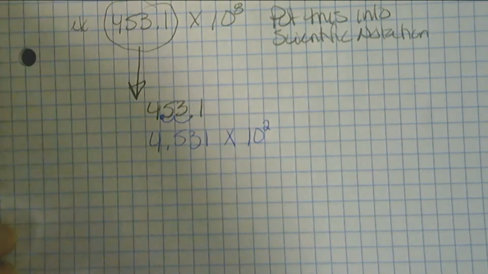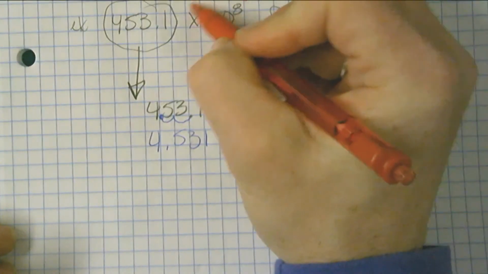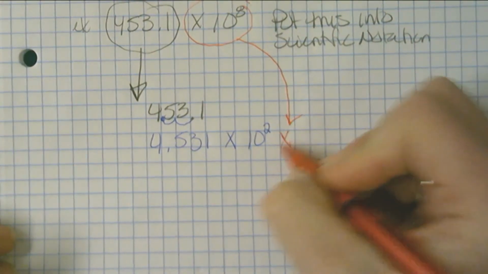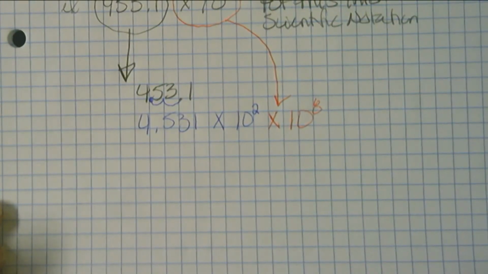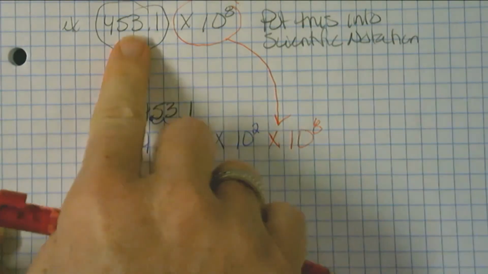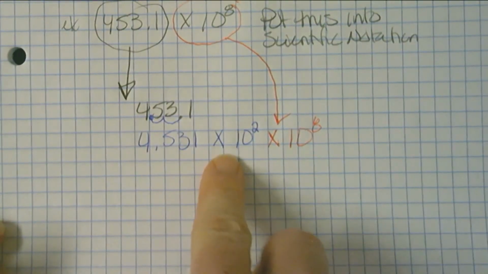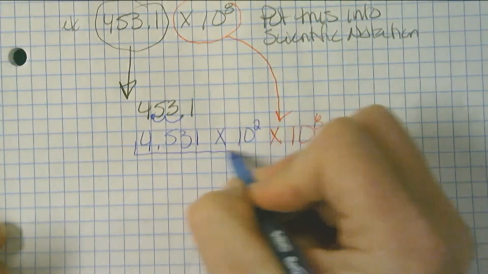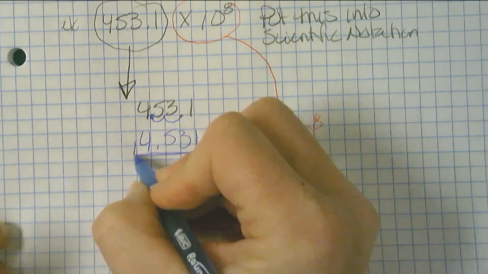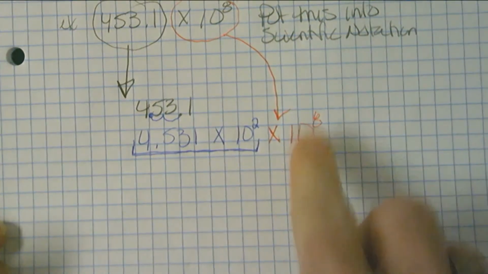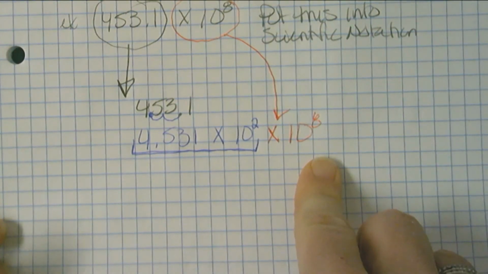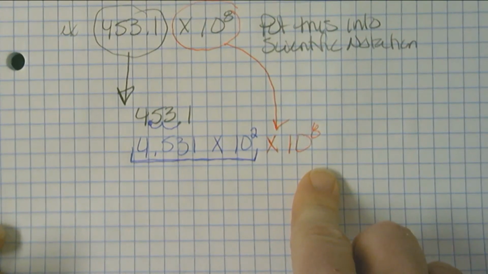Okay. So now what I'm going to do is I'm going to take my 10 to the 8th and I'm going to put it onto this. So I changed my first factor into scientific notation, and then I'm putting it back together with the original times 10 to the 8th. Questions so far? Ava, are you good with this? Awesome.